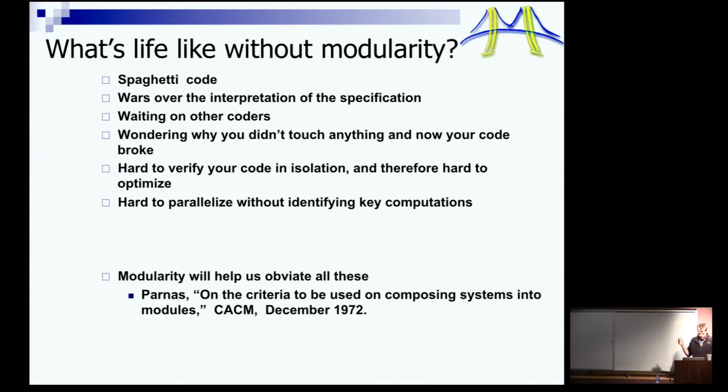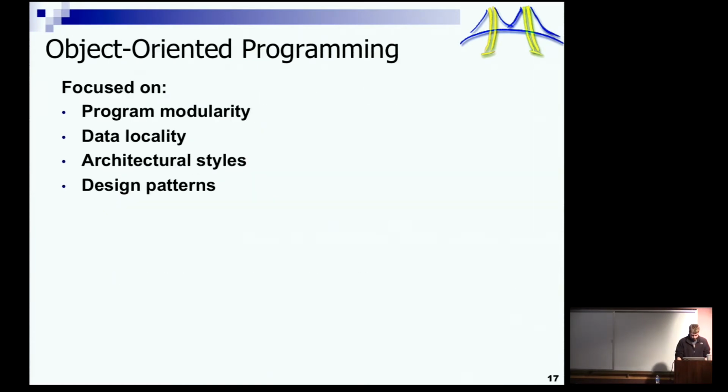And this is a very old idea in this kind of classic ACM paper from the 70s describing modularity. Object-oriented programming in general was very, very focused on creating good modularity, data locality, on architectural styles, and on design patterns, like the Gang of 4 design patterns.